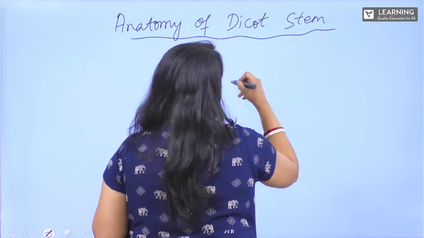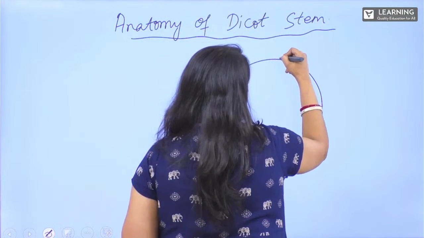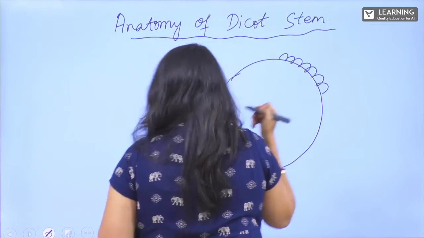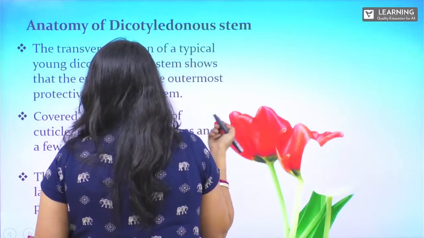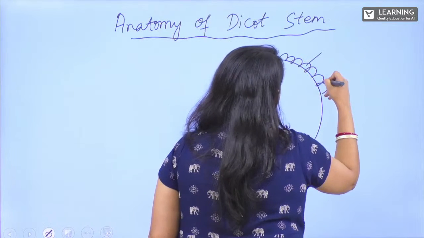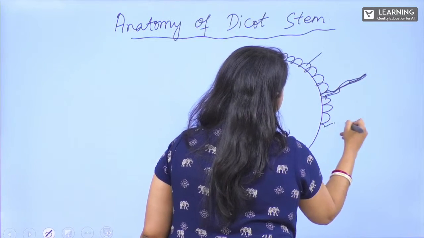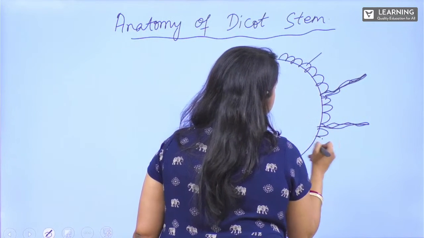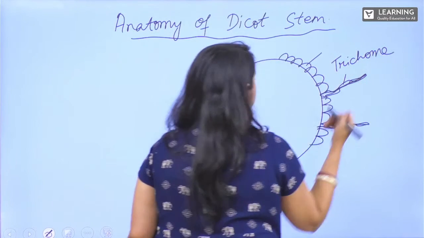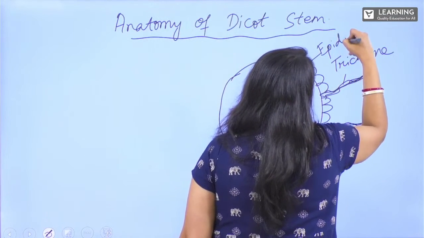So if this is the cambium, this layer here we call epidermis. And what do we call these? We call them trichomes. These are the root hairs here, we call them trichomes. This is your epidermis.